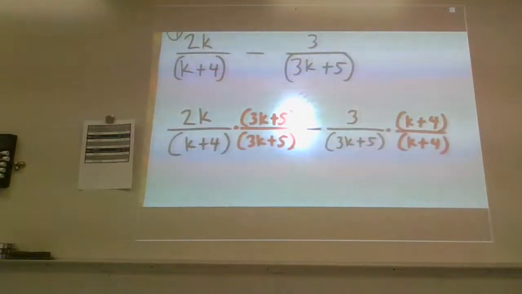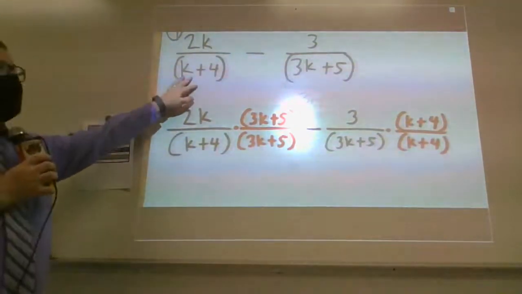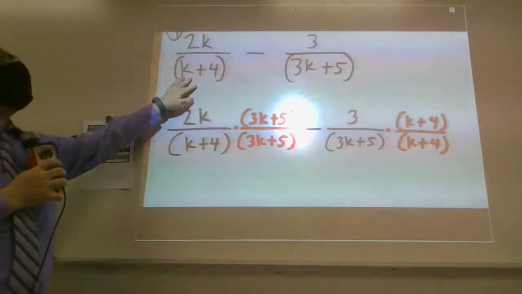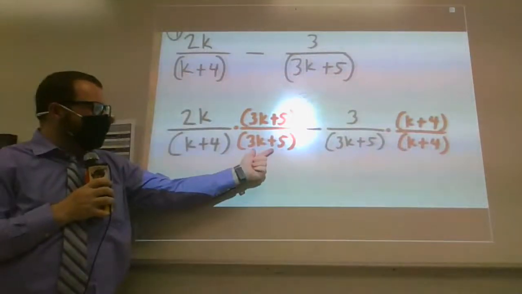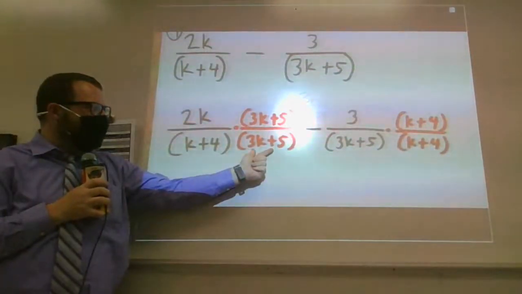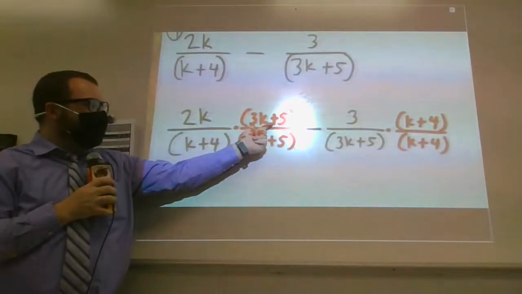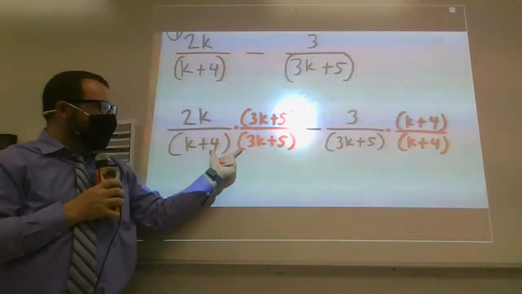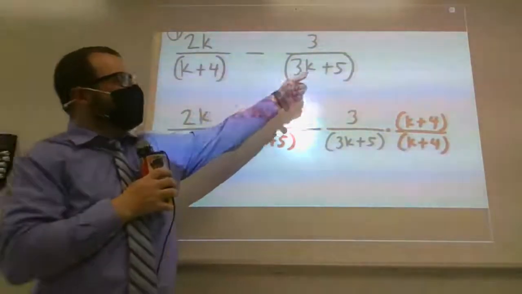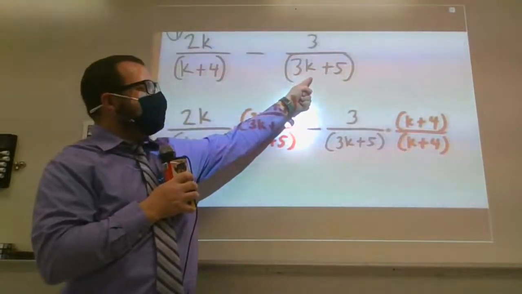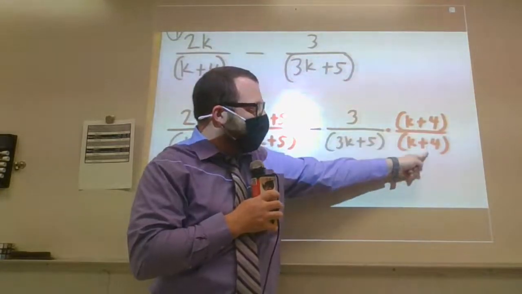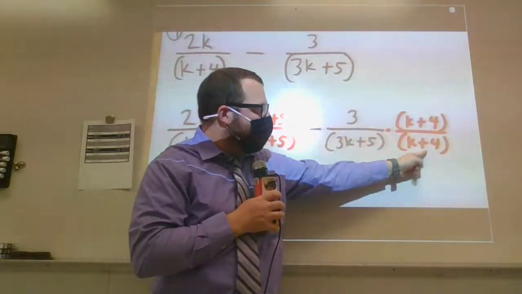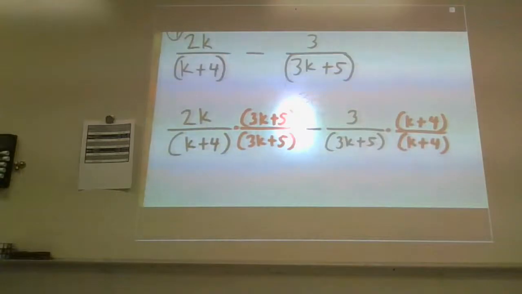First of all, this first fraction didn't have a 3k plus 5. So I forced it by multiplying that denominator by 3k plus 5, and, of course, multiplying the numerator as well. Forcing that common denominator. The second fraction did not have a k plus 4. So I forced it by giving it a k plus 4, multiplying by 1, technically. Everything within parentheses would be your best option.